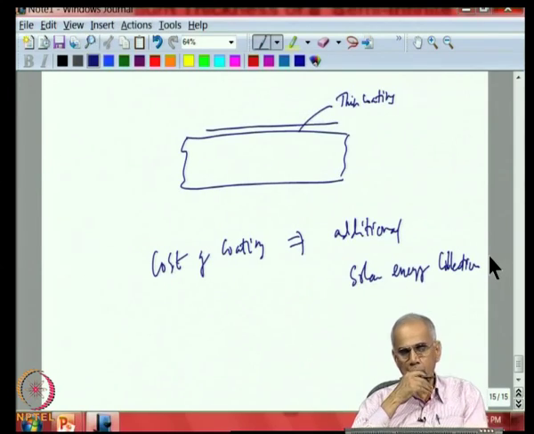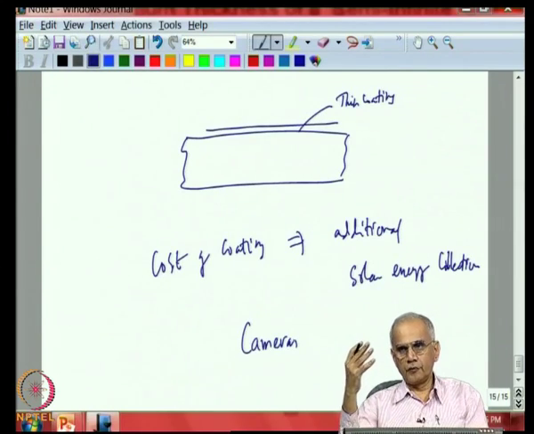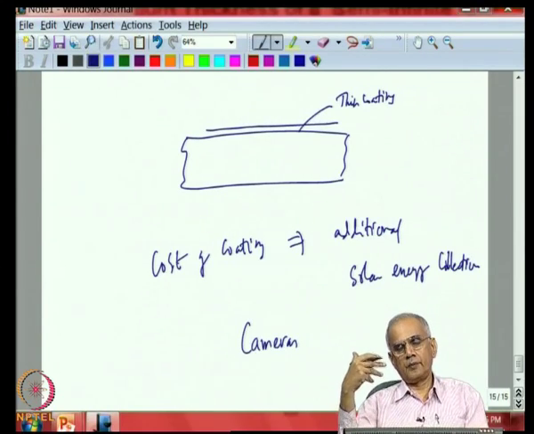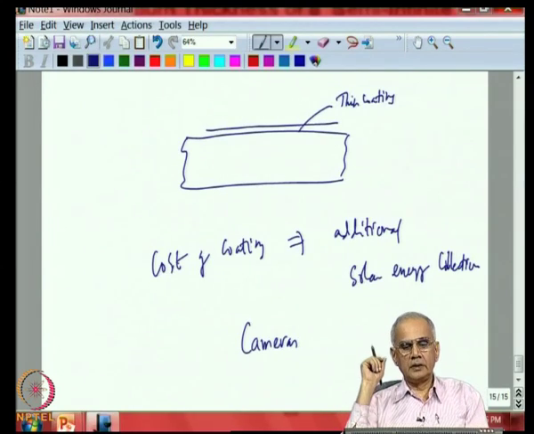Now, this coating idea is also used in cameras, of course, to increase the amount of photons that get into your camera and onto the film or your sensor.